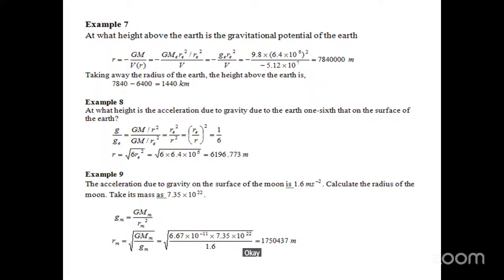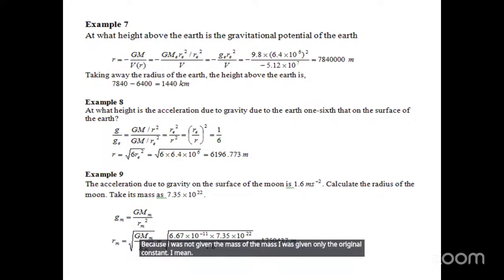Okay, just look at that equation. V of r equals minus GM over r, which is equal to minus GM R_E squared over R_E squared r. I just multiplied the numerator by R_E squared and also divided by R_E squared, because I was not given the mass of the Earth. I was given only the acceleration due to gravity, which is g. So what is GM over R_E squared?